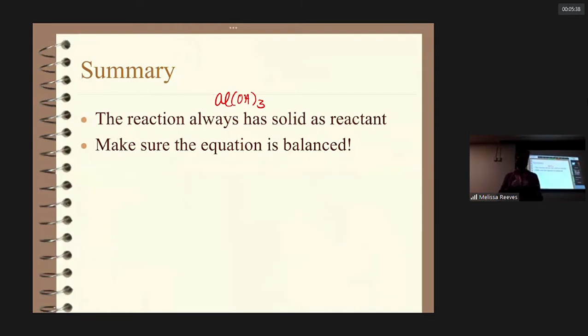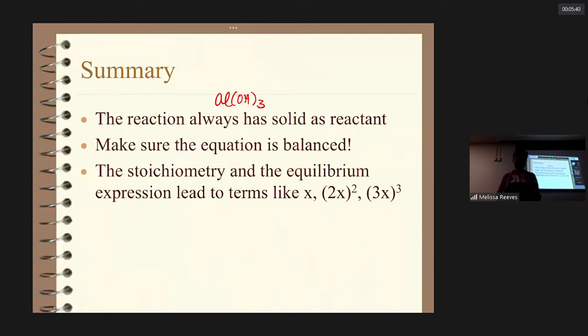So you've got to check that. And when you do the stoichiometry and the equilibrium expression, you get terms like X when it has a 1 for the stoichiometric coefficient.